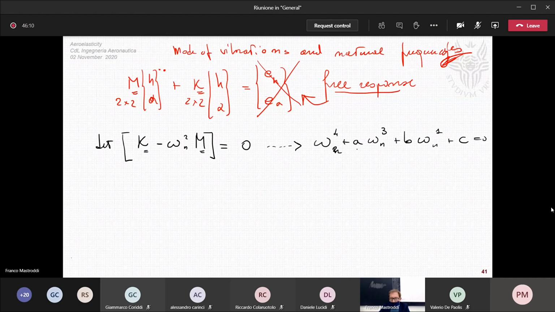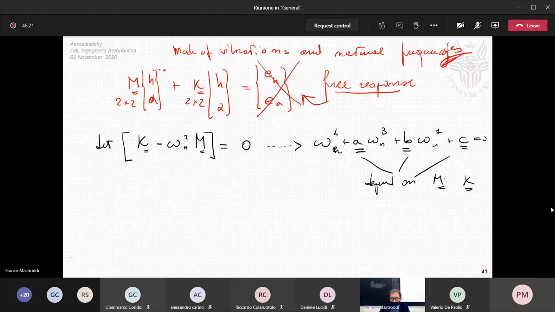These three coefficients depend on the M matrix and K matrix elements, of course.